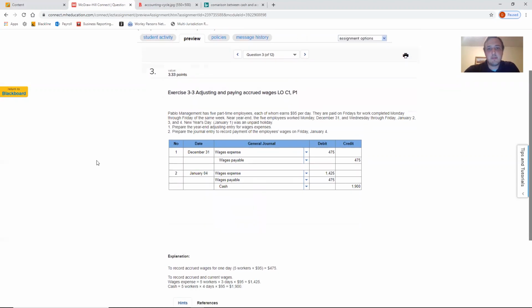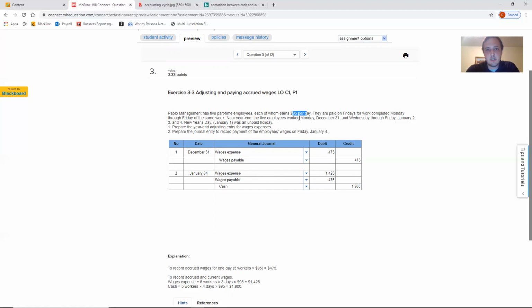All right, again, repetition until it's memorable. We're doing wage adjustments. So again, we're going to debit the wage expense to increase the expense, and credit the liability to increase the liability. We're going to do it at $95 per day. They're paid on Fridays for work completed up to that Friday.